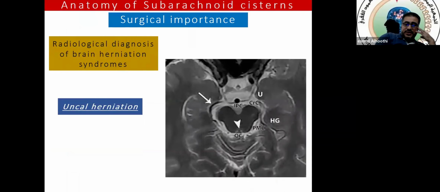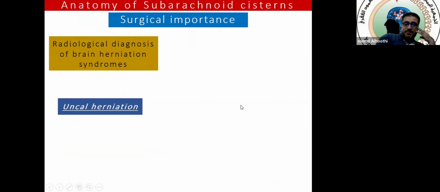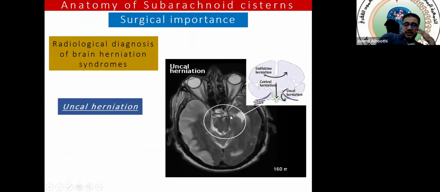For example, in uncal herniation, this MRI shows the perimesencephalic cisterns filled with CSF and the brainstem relaxed. In comparison, in this MRI the brainstem is compressed and the CSF in this cistern is empty because there is compression from the uncus to the brainstem, which gives the diagnosis of uncal herniation.